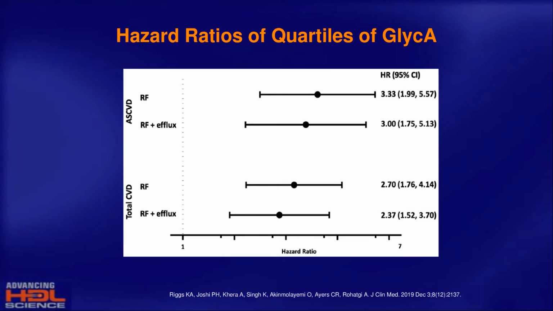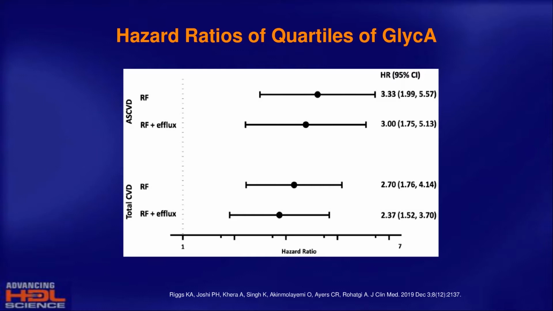Using the NMR methodology to quantify HDL particle concentration, and certainly there are other methods that have been developed, such as ion mobility. But using the NMR measurement, you can actually detect GlycA, which is a sialic acid residue that binds to the HDL particles.